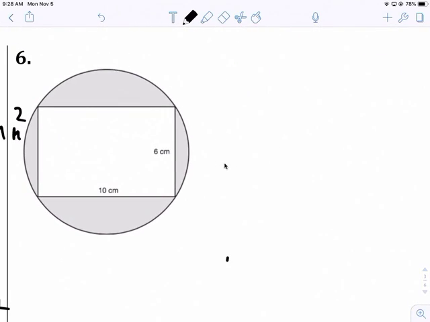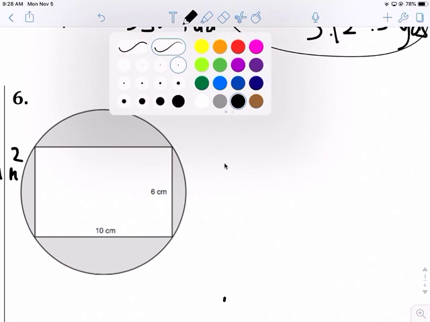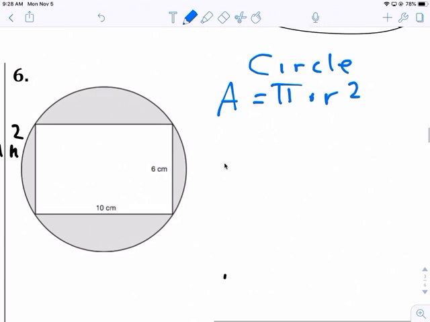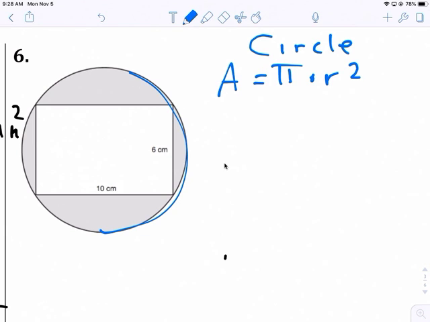You're going to subtract. Find the area of a circle first, which is pi times radius squared. Don't divide by 2 because it's a whole circle. For a whole circle, we need a diameter, and there's no diameter.